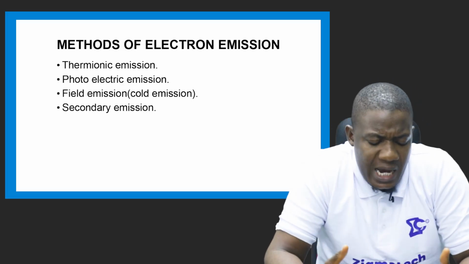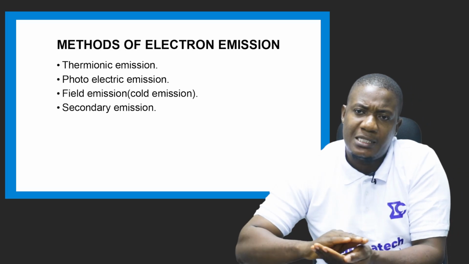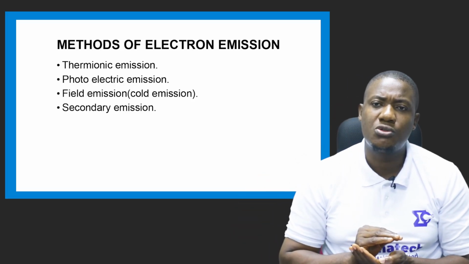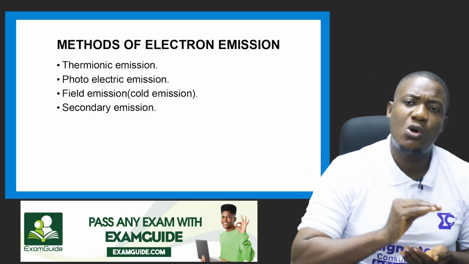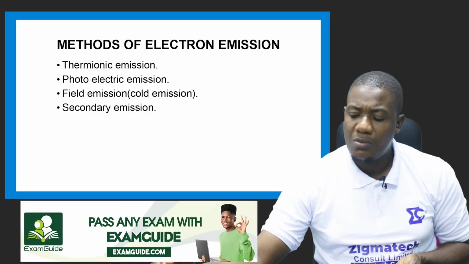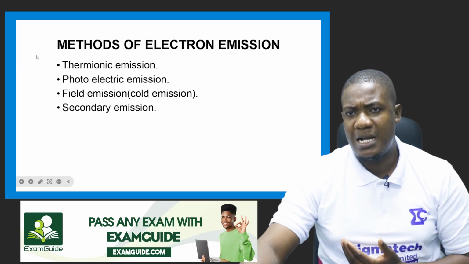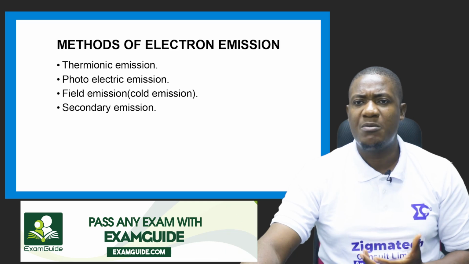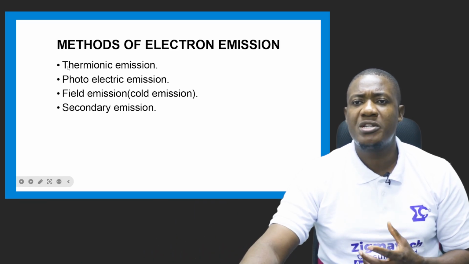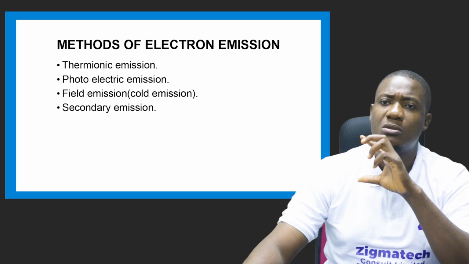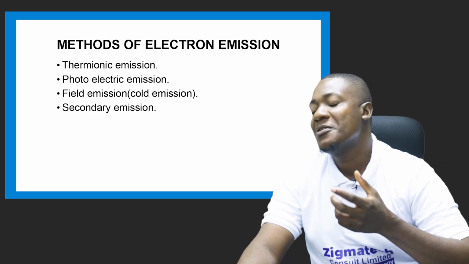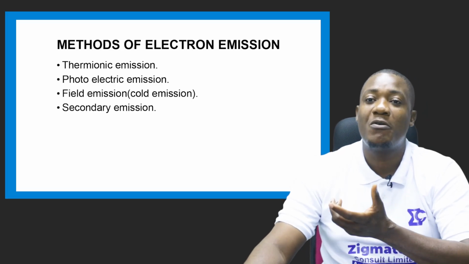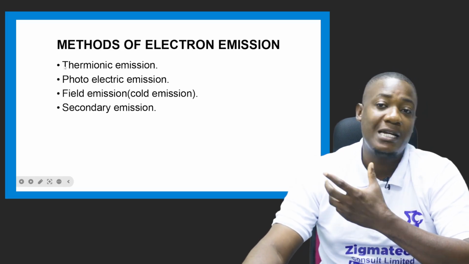Now, when we say electrons can leave the surface of a conductor through a process called thermionic emission, it simply means that when you heat a metal surface to a sufficient temperature, of course, you already know that when you increase the temperature of any material, the kinetic energy increases.